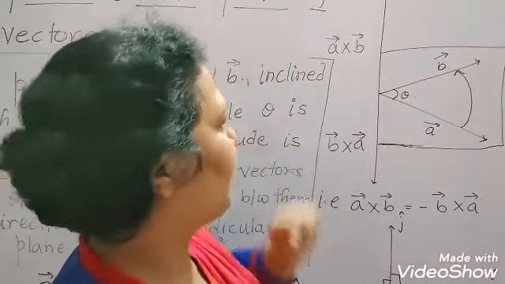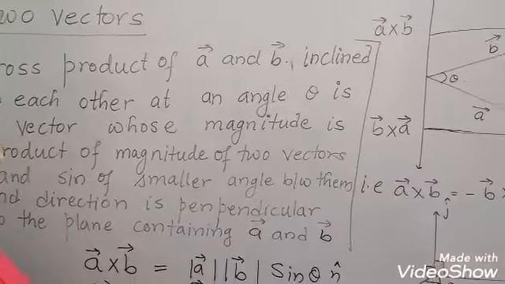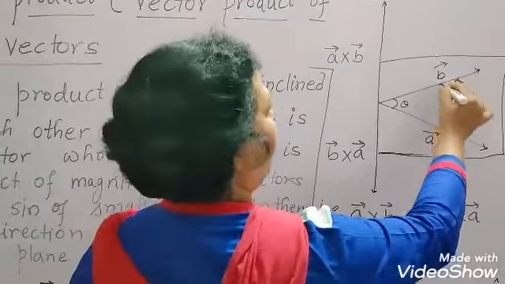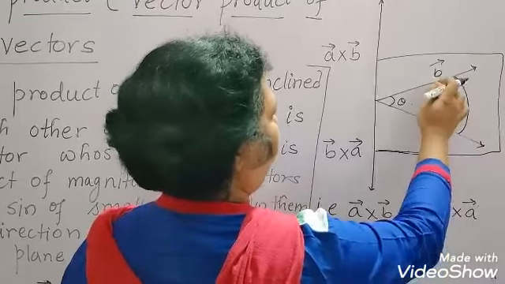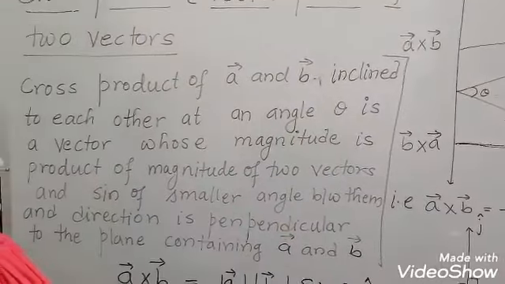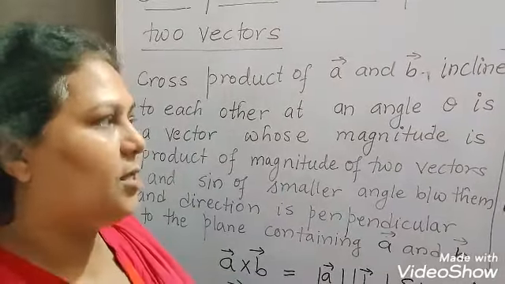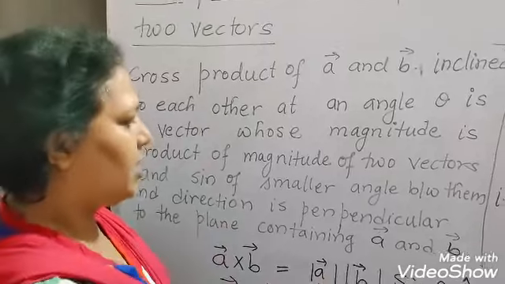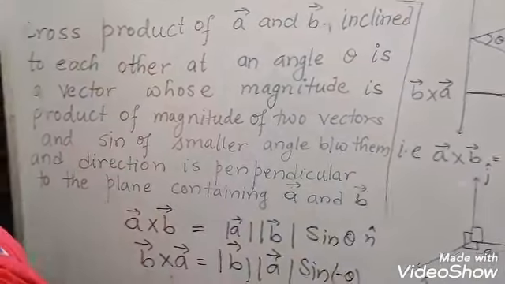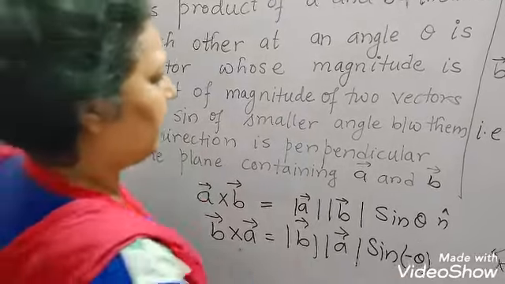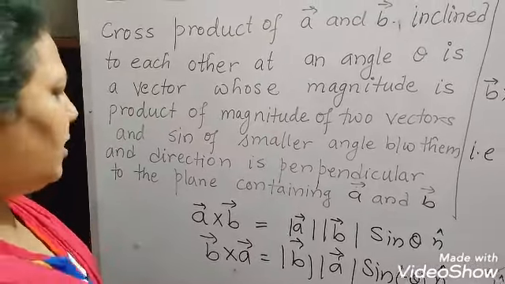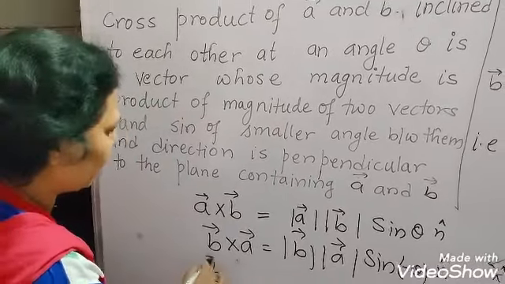Now for B cross A, the angle theta is measured from B to A, and that will be negative because it is clockwise. So we write minus theta here. So sine minus theta will be there, and this is equal to n cap, the same way.